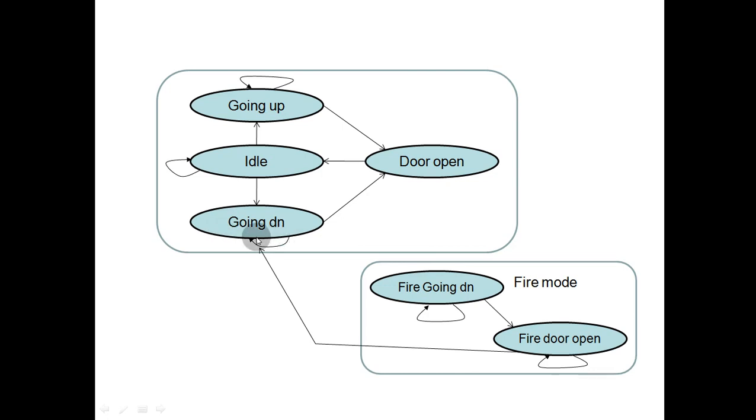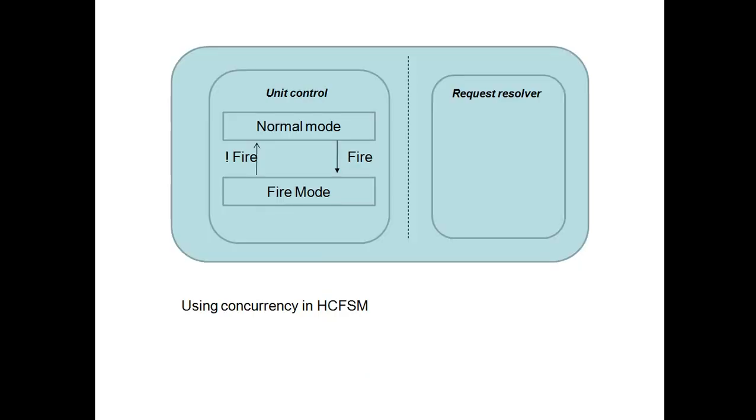Now, this going down block has been connected to the fire mode, where the fire going down state and the fire door open state are recursive and non-recursive states with different purposes, but both are connected to each other. That's why the hierarchical strategy has been applied here, and you can see that the whole structure looks much more organized. Let's go to the next slide.